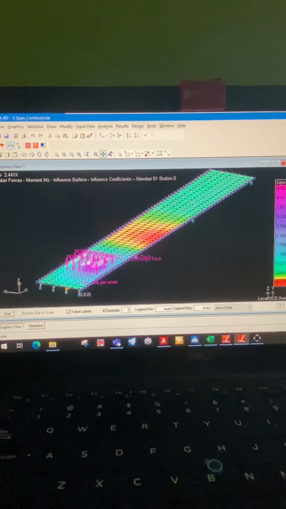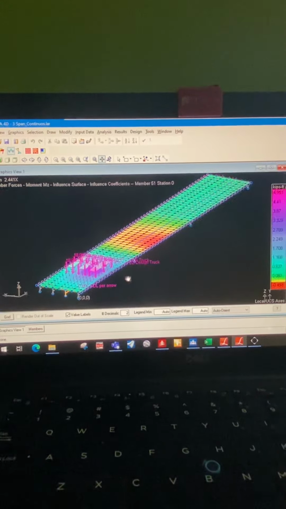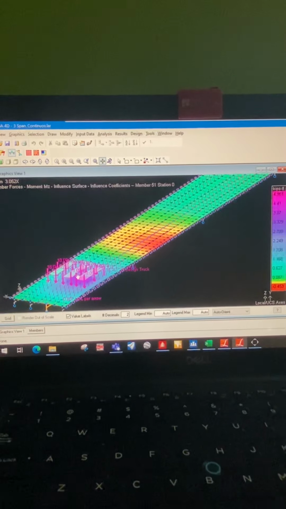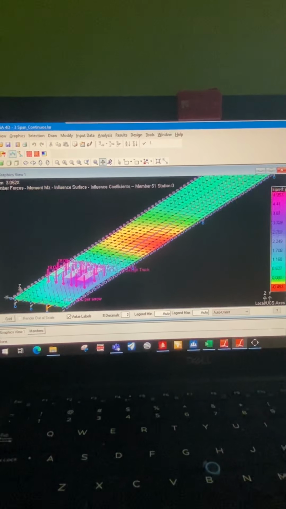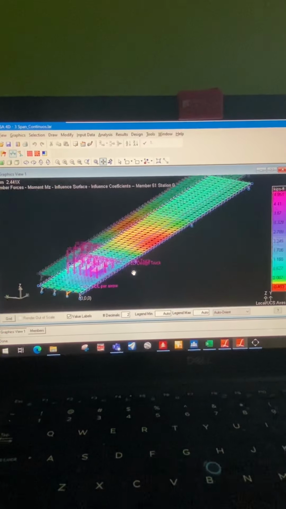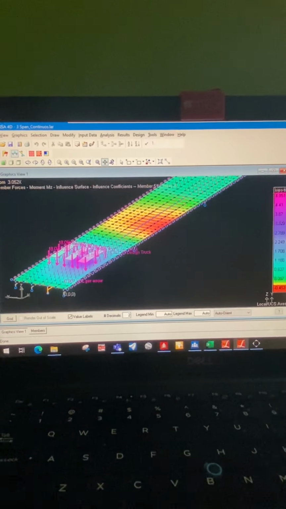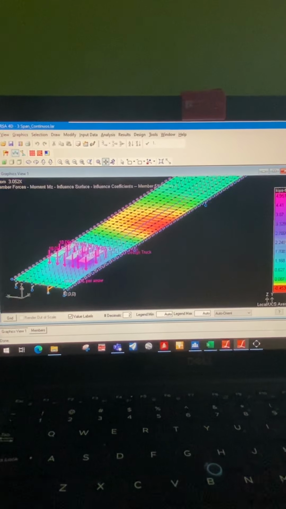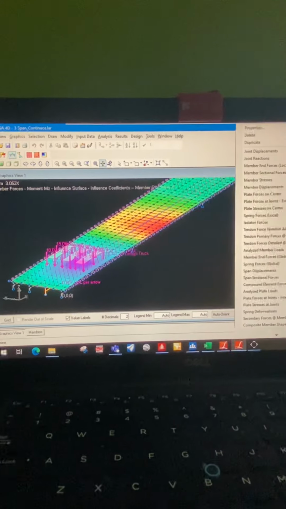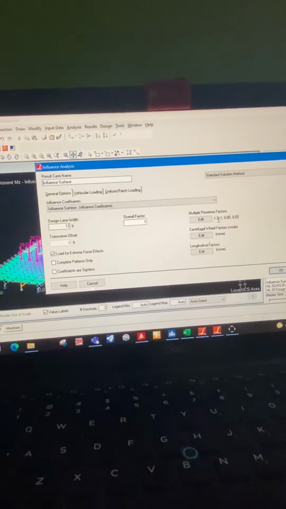But then we have to include the multi-presence factor in the calculations. So for example, if you have 3 lanes loaded in a bridge, you'll need to put in the multi-presence factor of 1.2.